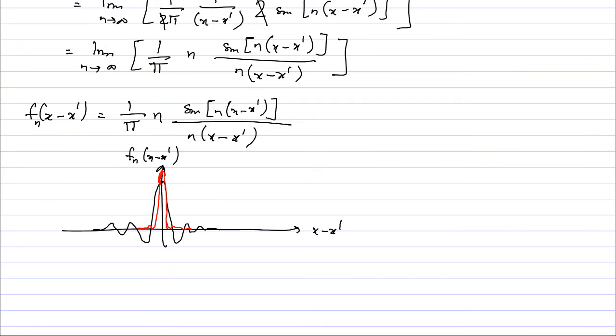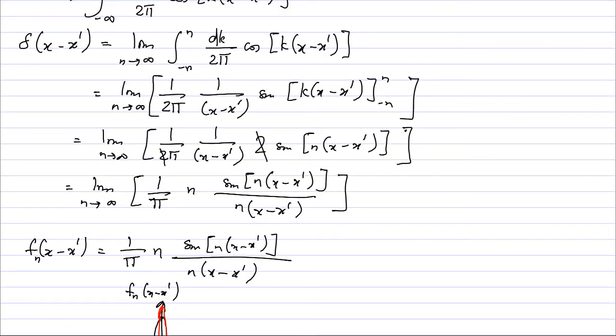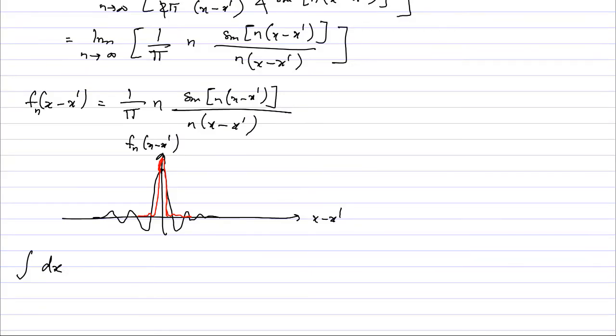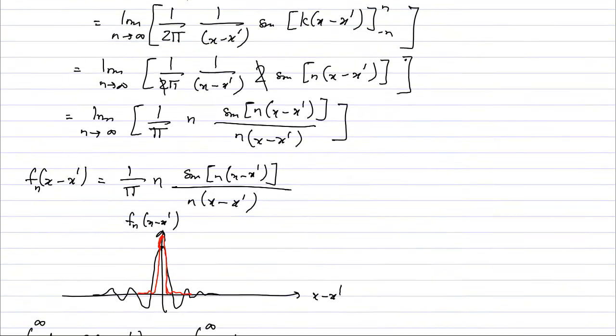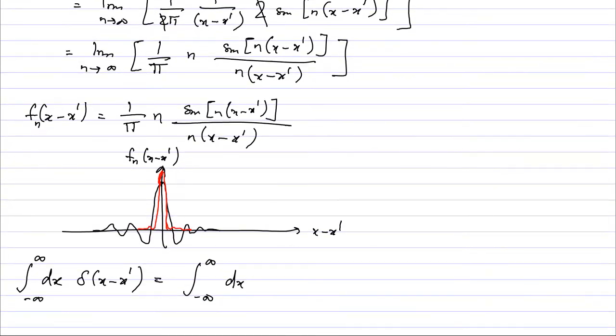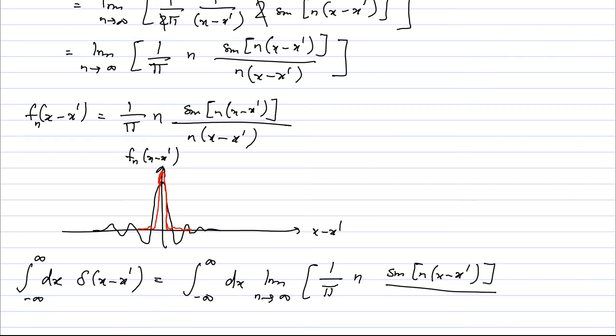Essentially, I'm considering the integral from minus infinity to infinity of dx delta(x minus x prime), where delta(x minus x prime) is given by the limit as n approaches infinity of 1 over pi times sine n(x minus x prime) divided by (x minus x prime).